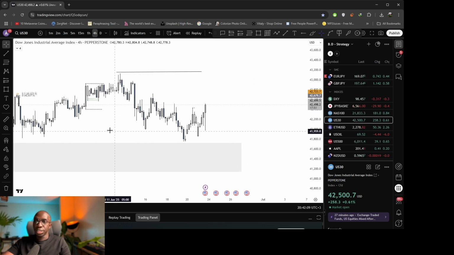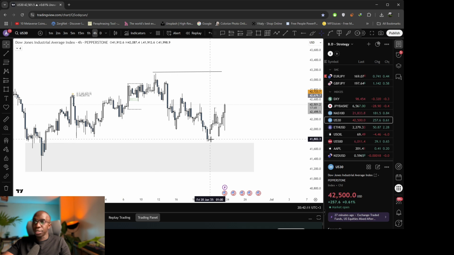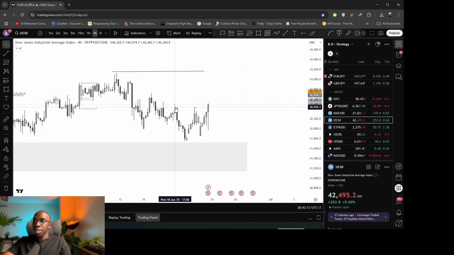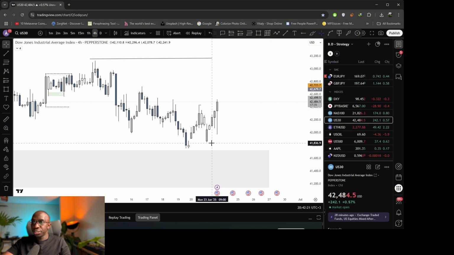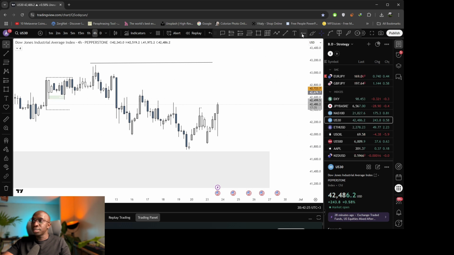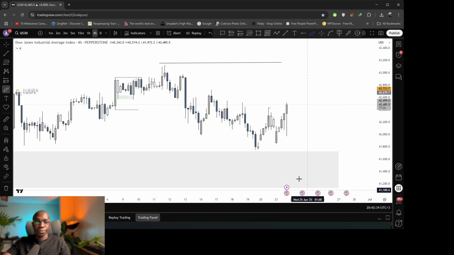If just looking at it from the get-go, we are reacting off of some of these key levels. We can see that there is a change of character right there. Yeah, nice change, retest of that level, and then continuation to the upside. This is a beautiful week, beautiful rejection right there off of this area here. So then we can look for more continuations to the upside.